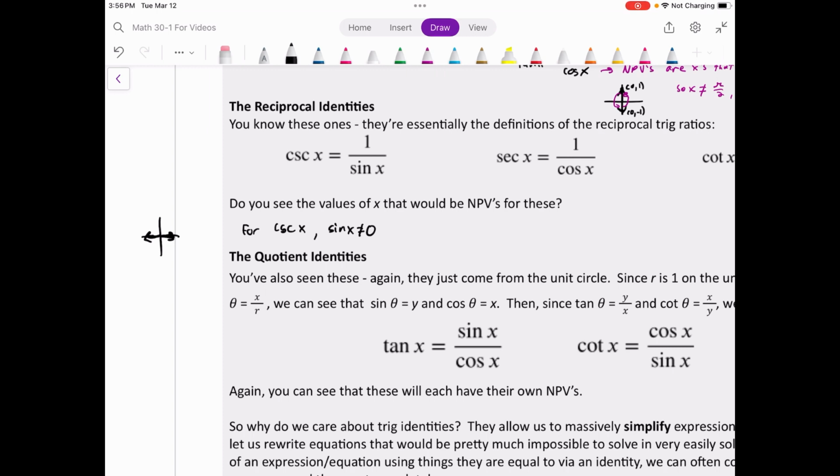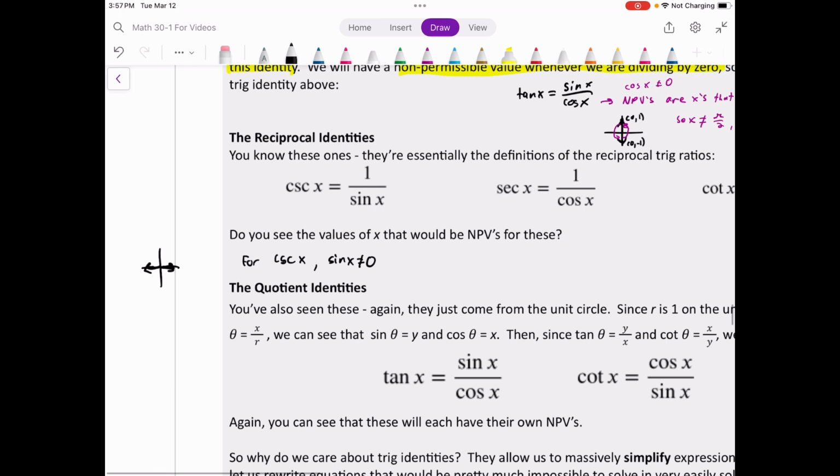Because then the opposite arm of our reference triangle is 0. So sine of pi or 0 or anything coterminal to them is 0, which would make cosecant x undefined. It would be 1 over 0.